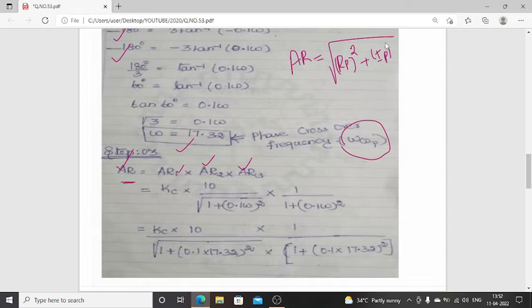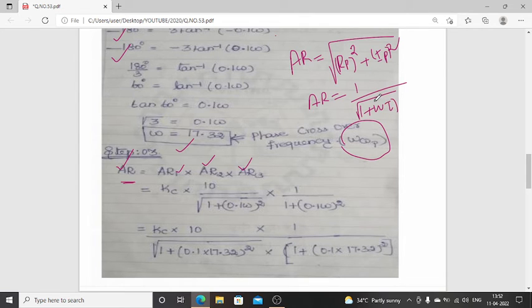So for a first order system, what is the formula for amplitude ratio? Amplitude ratio is equal to 1 divided by root of 1 plus omega tau whole square. This is the first order system amplitude ratio.